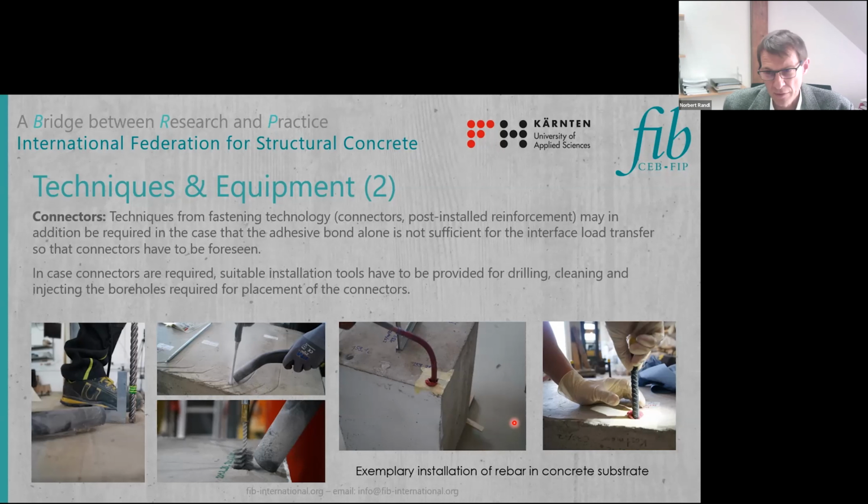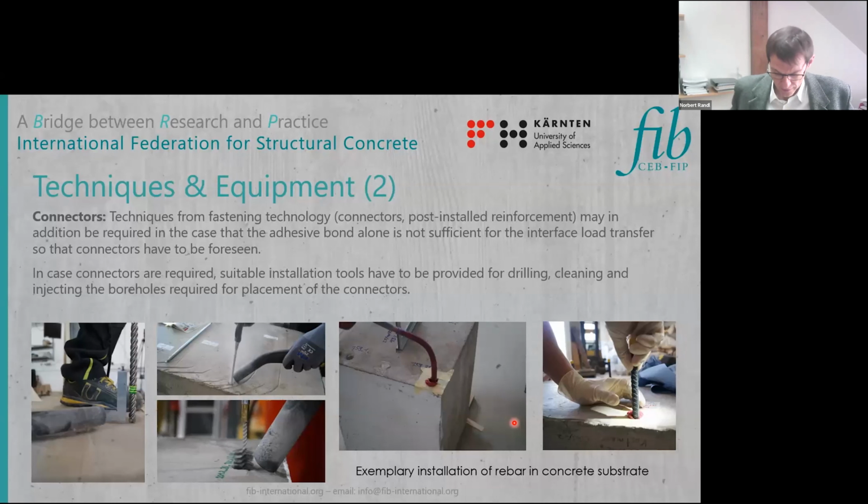It depends on the roughness. For example, if the option to roughen the surface is limited, or along the edges of such construction, of such structure, you might need connectors. I will come back to that topic.